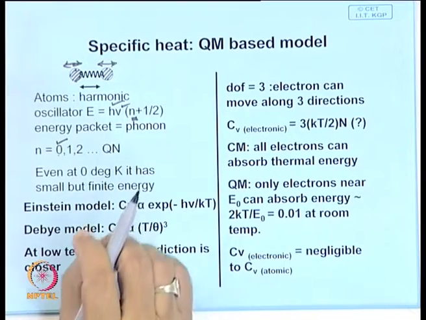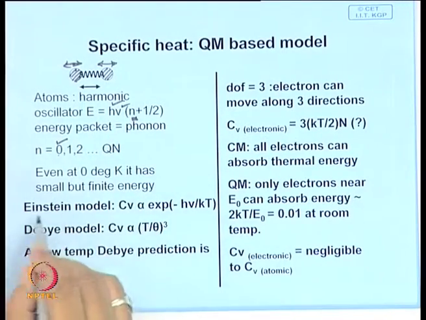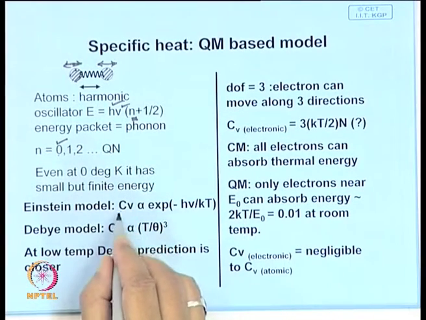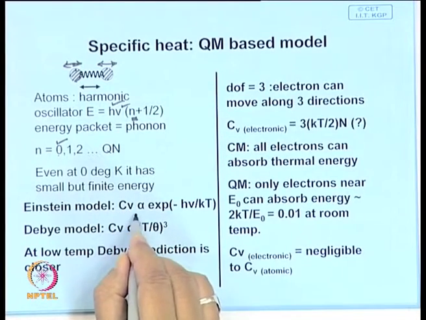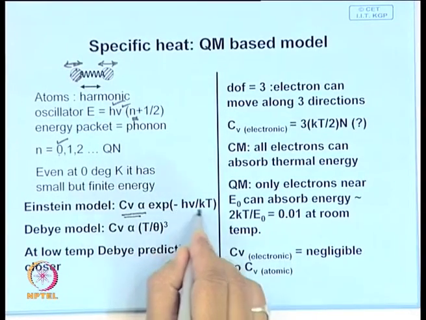So, there is a basic difference between this and classical mechanics. Using this, Einstein worked out, this was the first quantum mechanics based approach to explain molar specific heat, and he came out with an expression which says that molar specific heat will decrease exponentially.